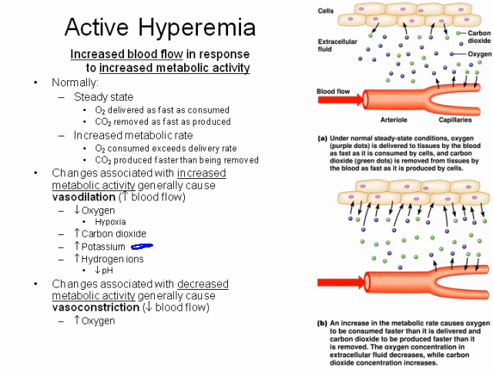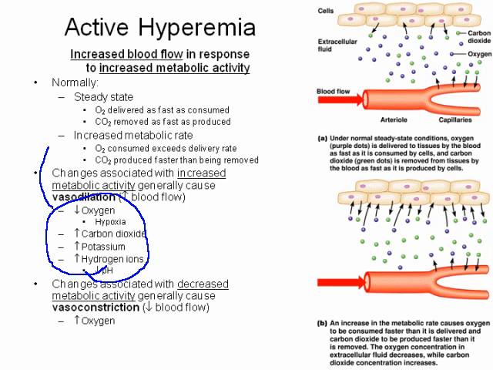Metabolically active tissues tend to release more potassium. That makes sense. We've already talked about that in terms of electrically excitable tissues, that there's potassium release when they're more active. Hydrogen ion production goes up as a result of metabolism, which decreases pH.